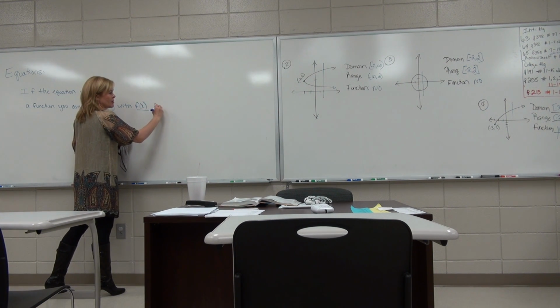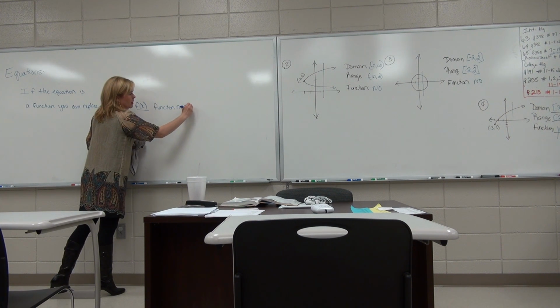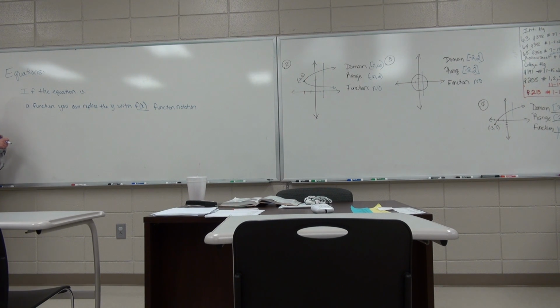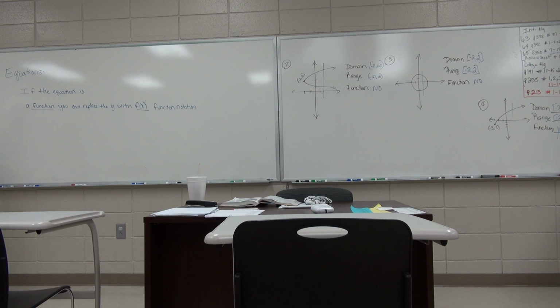This is that function notation. So if it is a function, you can use f of x instead of y. That means you're telling me, or whatever you see in the book, they're telling you none of these x's are being repeated. It passes the vertical line test.